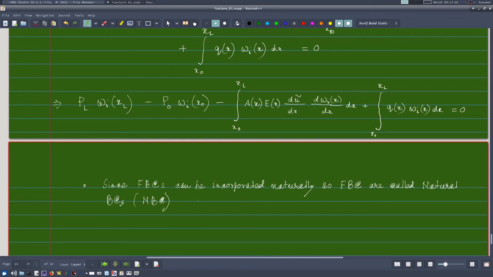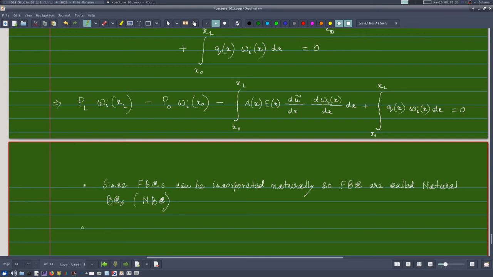On the other hand, if my displacement boundary conditions are specified at the ends, then there is no direct way to fulfill those displacement boundary conditions in the approximate solution. And therefore, the approximate solution assumed must be such that it satisfies the displacement boundary conditions automatically by definition.